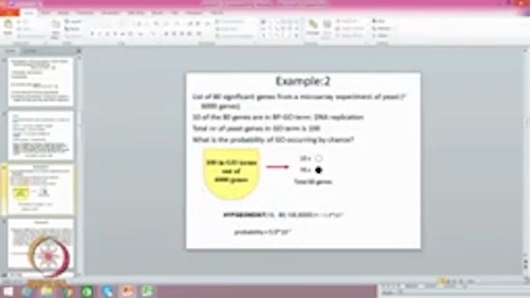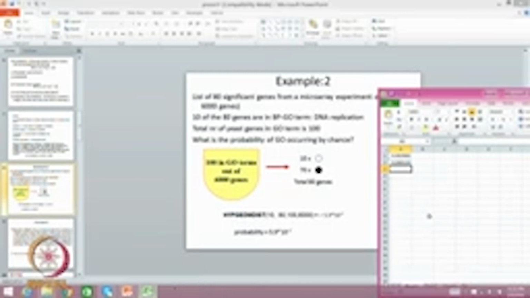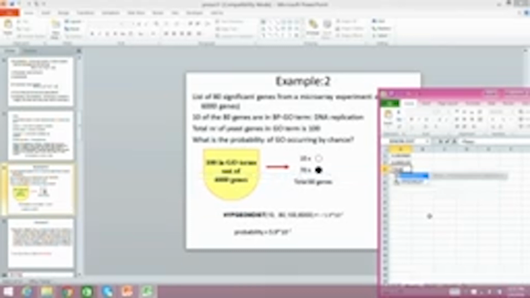So, hypergeometric distribution, quite straightforward. This is HYPGEOM.DIST. So, what we got is 10 in a list when we took out 80, but the maximum possible is 100 out of 6000. So, we get 5.9 times 10 to the power minus 7, understand.